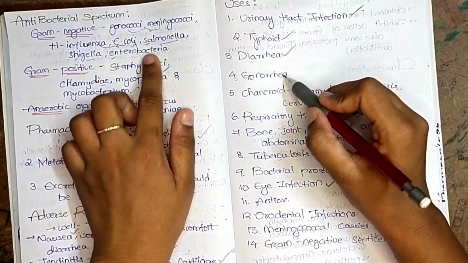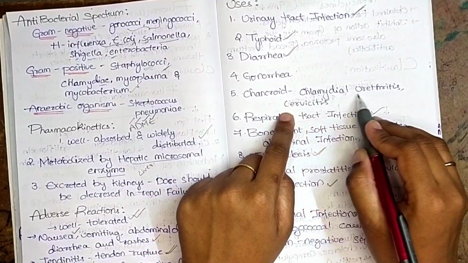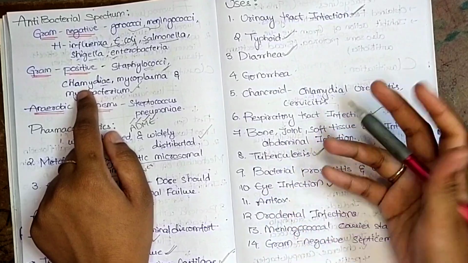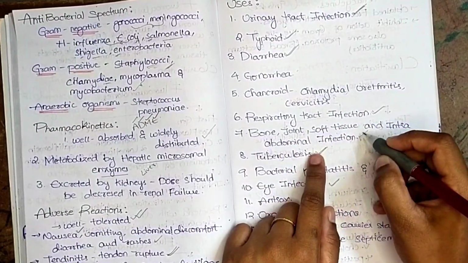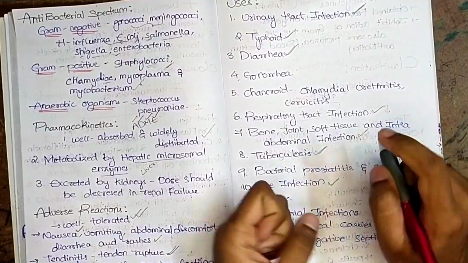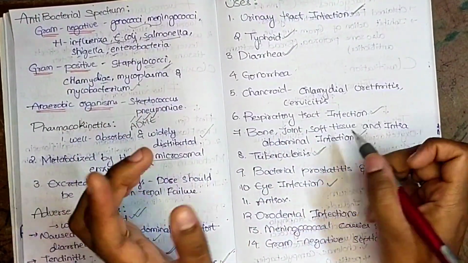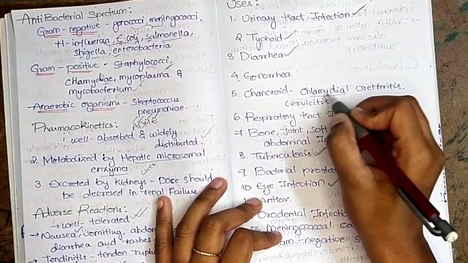So others are gonorrhea, which is gonococci, and chancroid and chlamydia, urethritis and cervicitis, chlamydia, gram-positive bacteria, and respiratory tract infections, bones, joints, soft tissues and intra-abdominal infections, which is normally seen in bacterial infections. And also bacterial prostatitis and cervicitis, same as chlamydia.